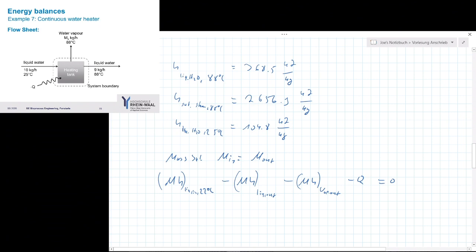So this comes from this general energy balance. 0 at the end because there is no heat accumulated in the system, and the shaft work is 0.